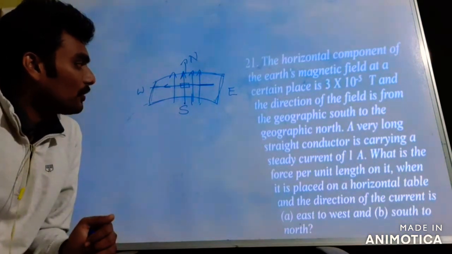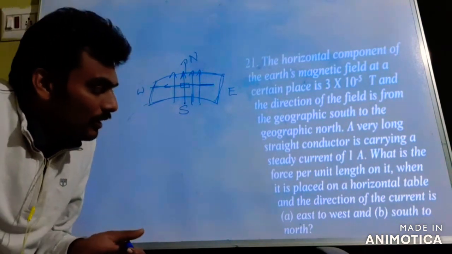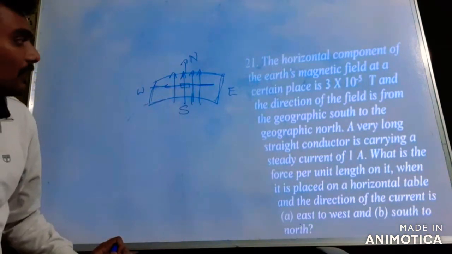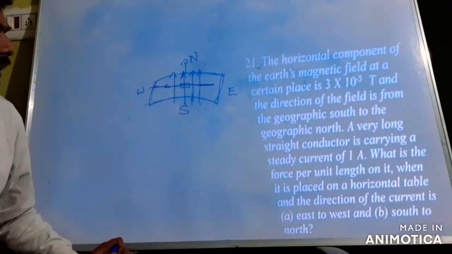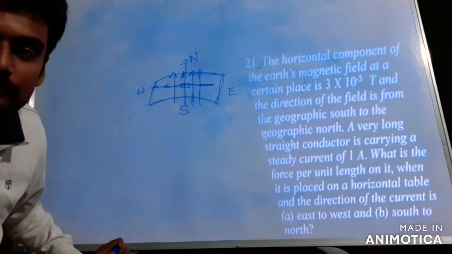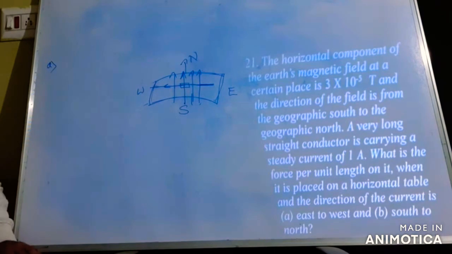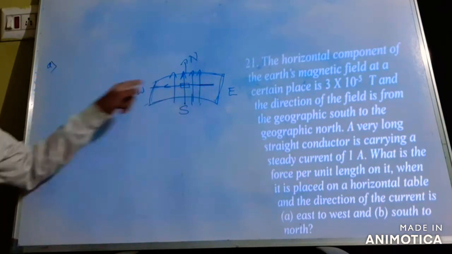So now we shall go for finding the force per unit length on this conductor. Sub question A, the first sub question. The conductor is kept from east to west.